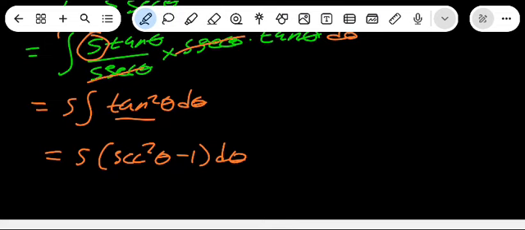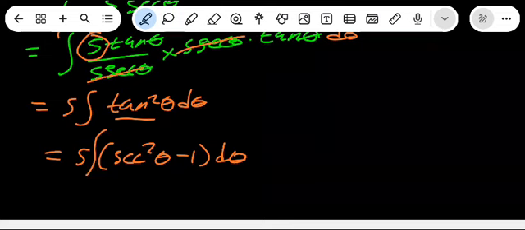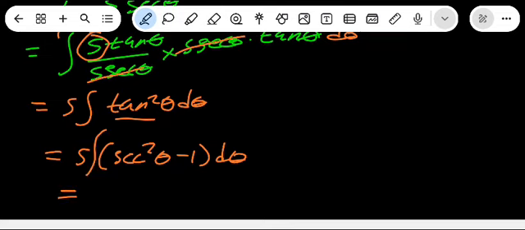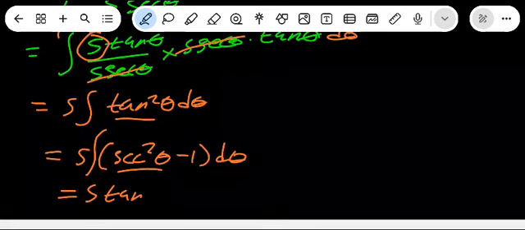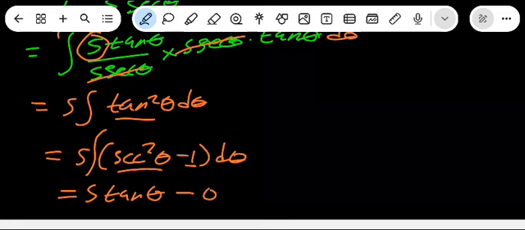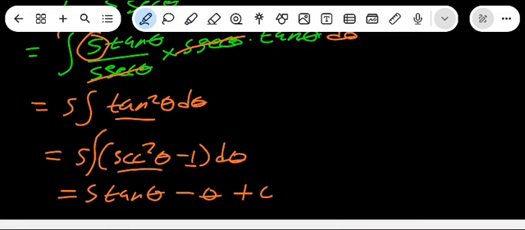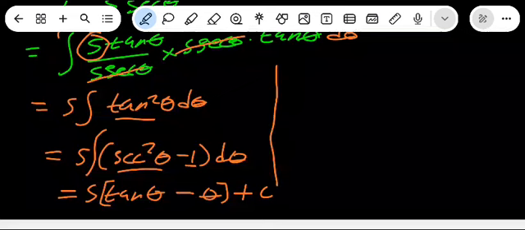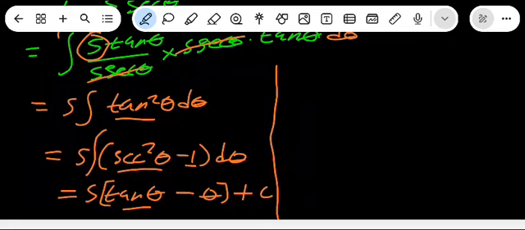We have our integral then: 5 times, the integral of sec squared theta will be tan theta, minus the integral of 1, which is theta, plus some constant c. Right, that is what we have. So we're in the theta world. We must go to the x world.